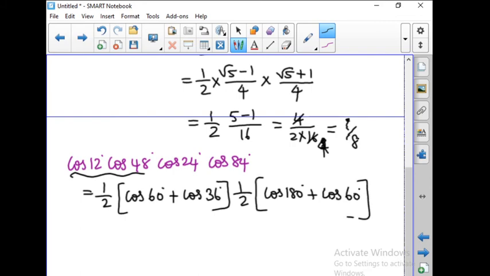Okay, so we have combined these two and these two, so we got the answer like this.